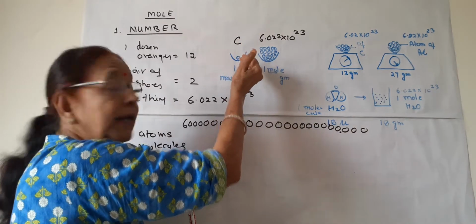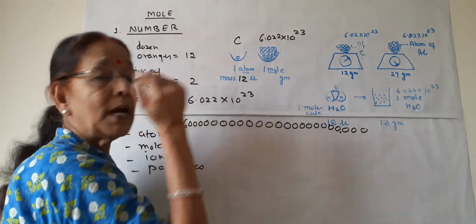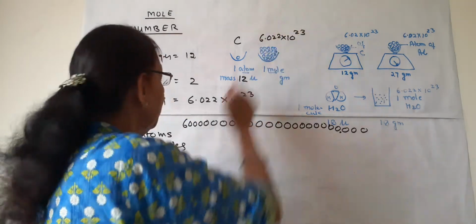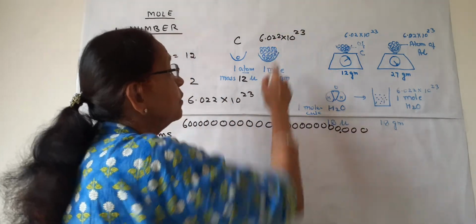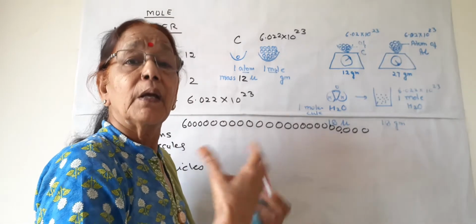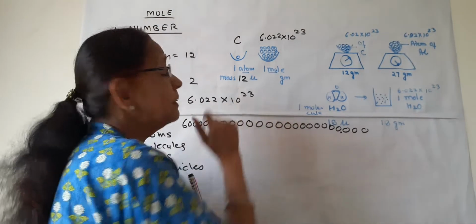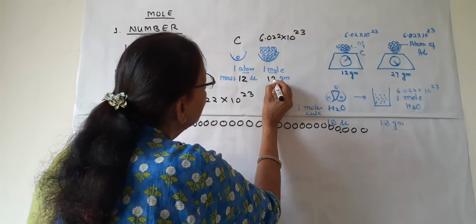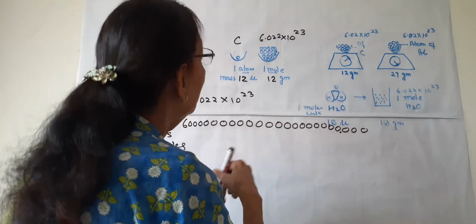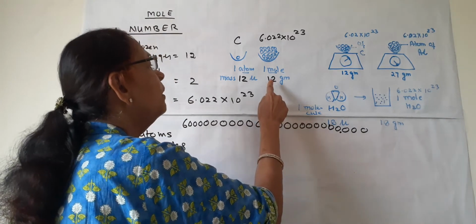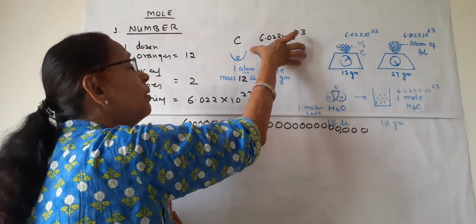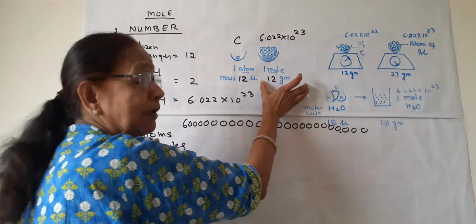This is a single atom and its mass is 12 U, and these are so many atoms, a vast number. So they should have much more mass than a single carbon atom, and very easily we can say that they have 12 grams. The mass of 1 mole of carbon is 12 grams.